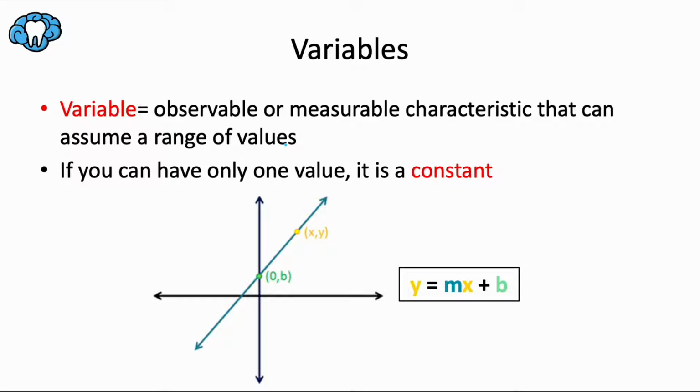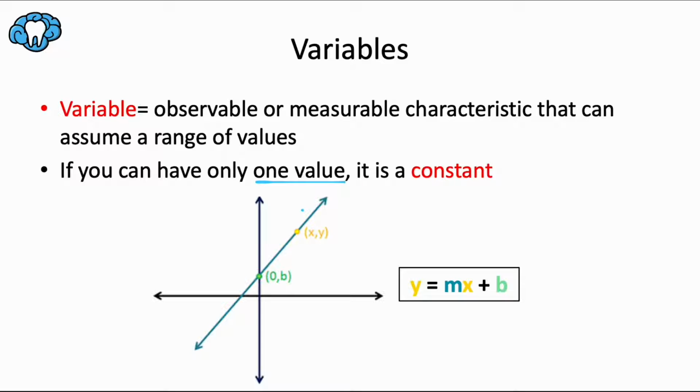For example, in a study investigating the impact of brushing frequency on oral health, the frequency of toothbrushing, whether it's 1 time a day, 2 times a day, or 3 times a day, would be a variable that could be manipulated to examine its effects on oral health outcomes like plaque accumulation or incidence of dental caries, which, by the way, are themselves variables as well. By contrast, something that can only have one value and is not changed is called a constant.